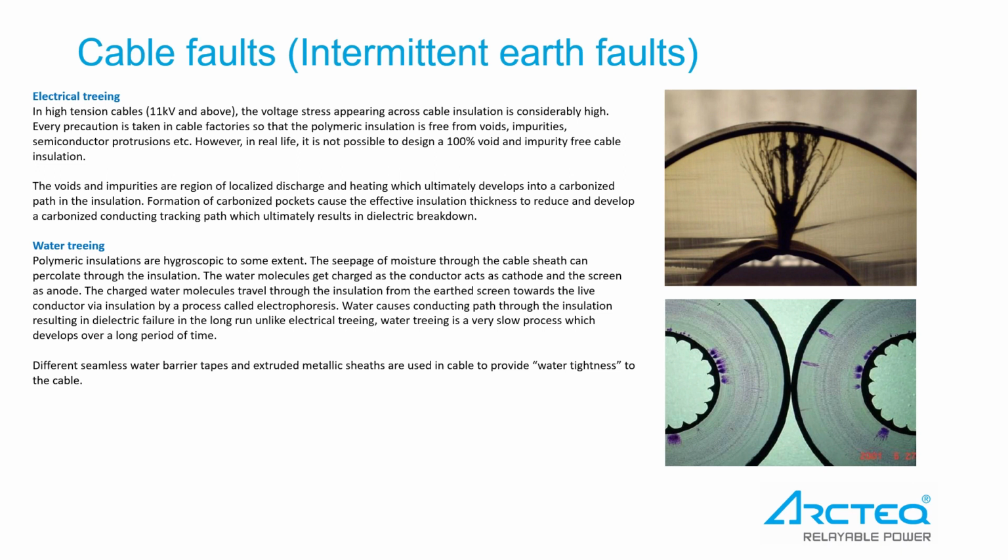The charged water molecules travel through the insulation from the earth screen towards the live conductor by a process called electrophoresis. Water causes a conducting path through the insulation, resulting in dielectric failure in the long run. Unlike electrical treeing, water treeing is a slow process which develops over a long period of time.